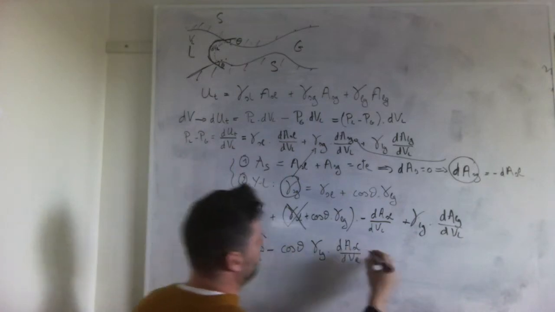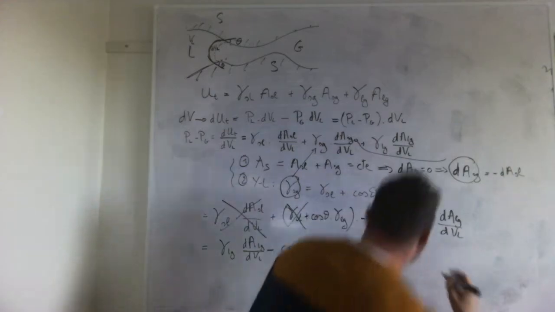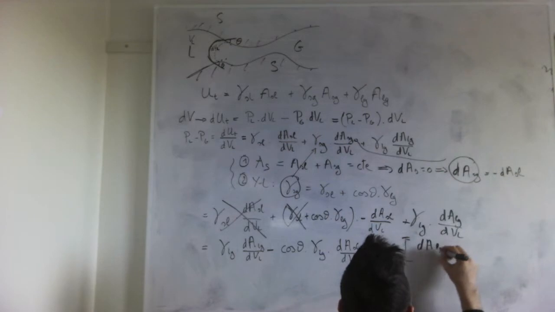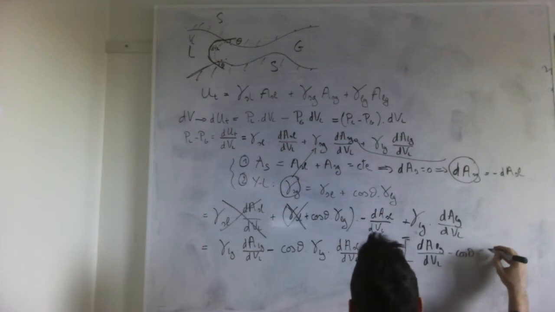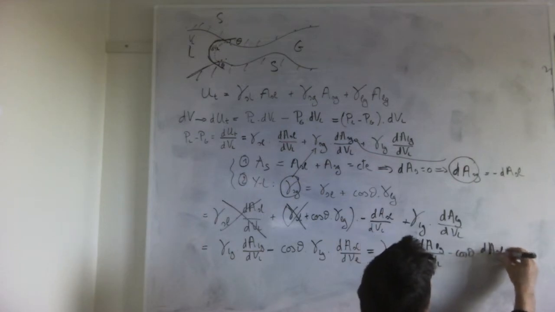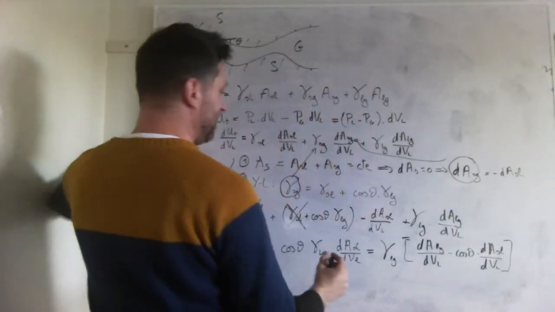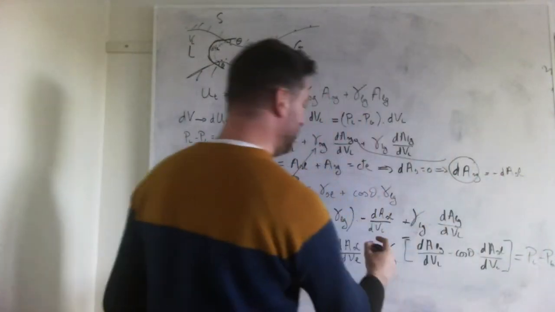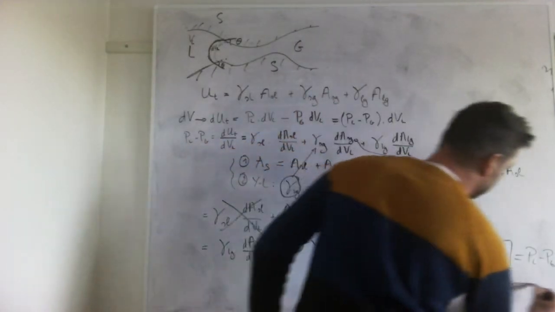Or I can even bring gamma liquid gas in front, so it equals gamma liquid gas times dA liquid gas over dVl minus cosinus theta dA solid liquid over dVl. And this is the fundamental formula here that tells me, so this equals P liquid minus P gas. So for any geometry in a capillary system, I know that my driving pressure will be governed by this equation here.